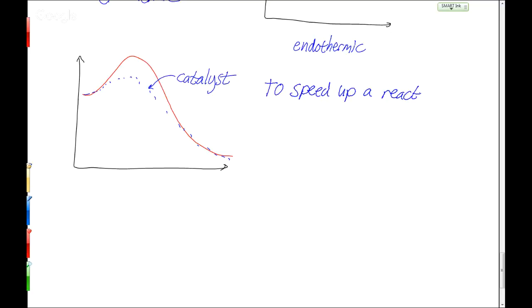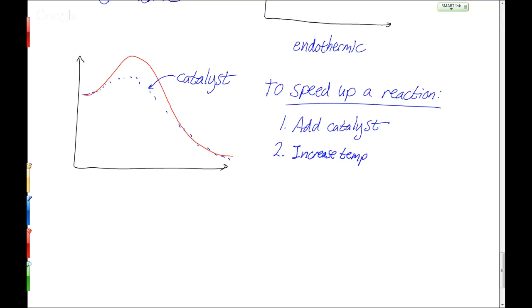So to speed up a reaction, we got a couple things we could do. So first we could add a catalyst. That decreases the energy of activation and allows it to go faster. But maybe there isn't a catalyst for a given reaction. So the other thing you could do is increase temperature. If you increase temperature, there's more energy available to help get over that hump.